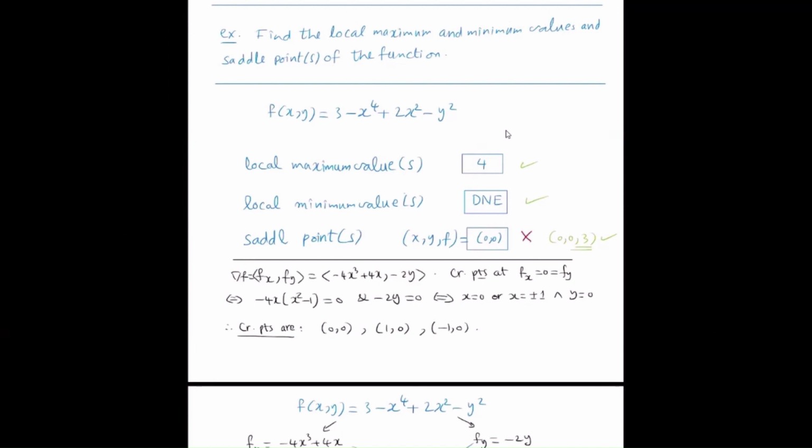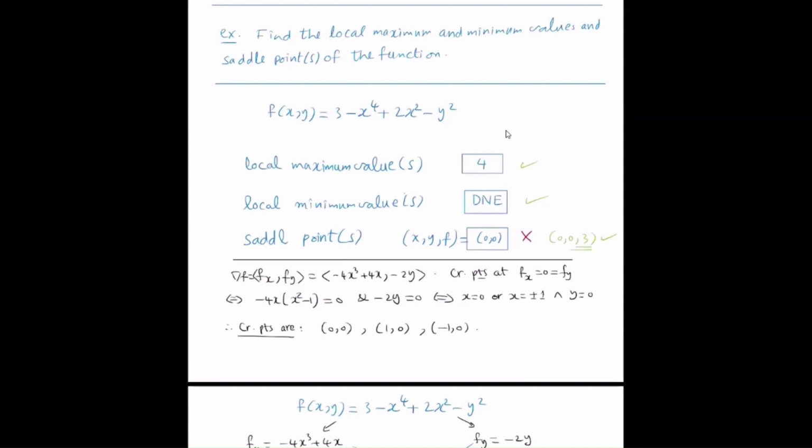So the only critical points can occur from the tests we mentioned now. So when do we have saddle points or local max or local min? When fx equals 0 and fy equals 0. This is the only way. Why? Because this is always differentiable. It is a polynomial function as you see.